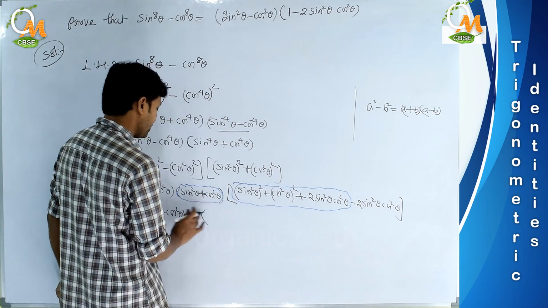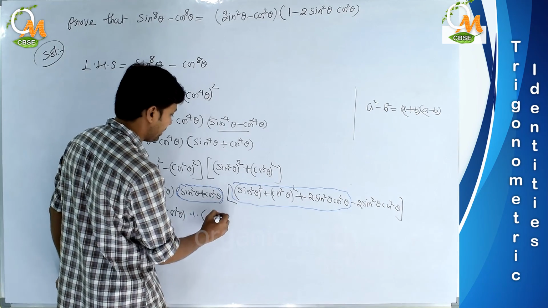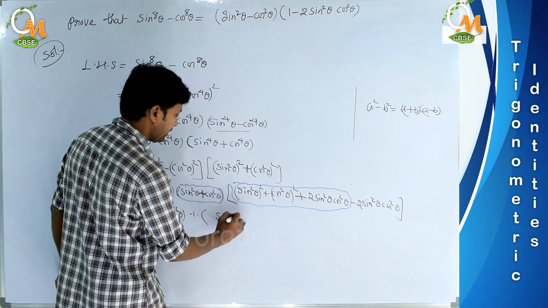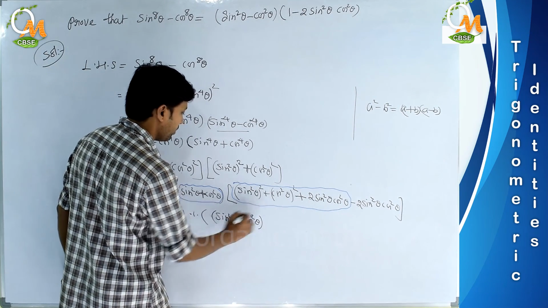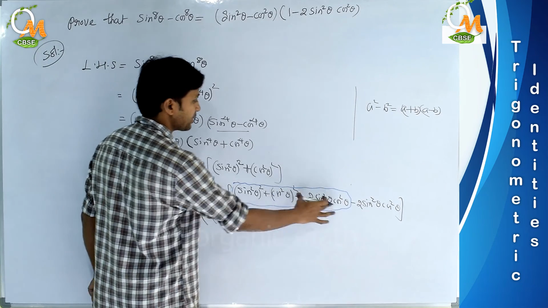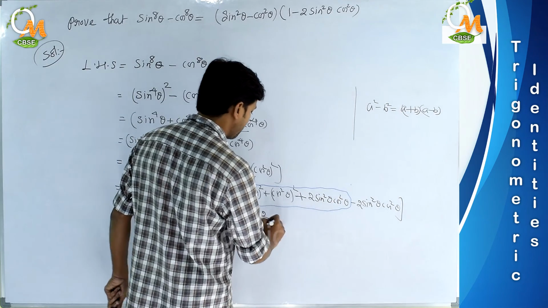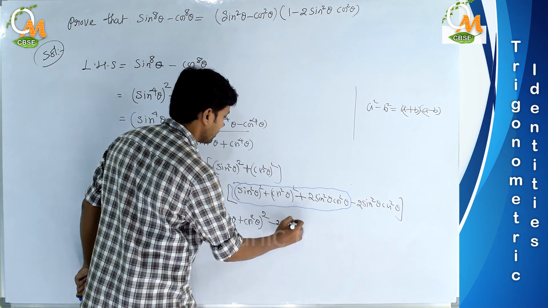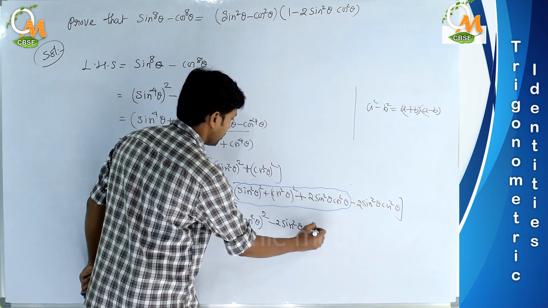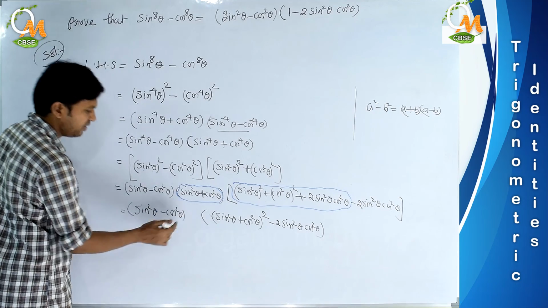A plus B whole square means A is sine square theta and B is cos square theta, so this is sine square theta plus cos square theta whole square, minus the term left over, 2 sine square theta cos square theta, right?